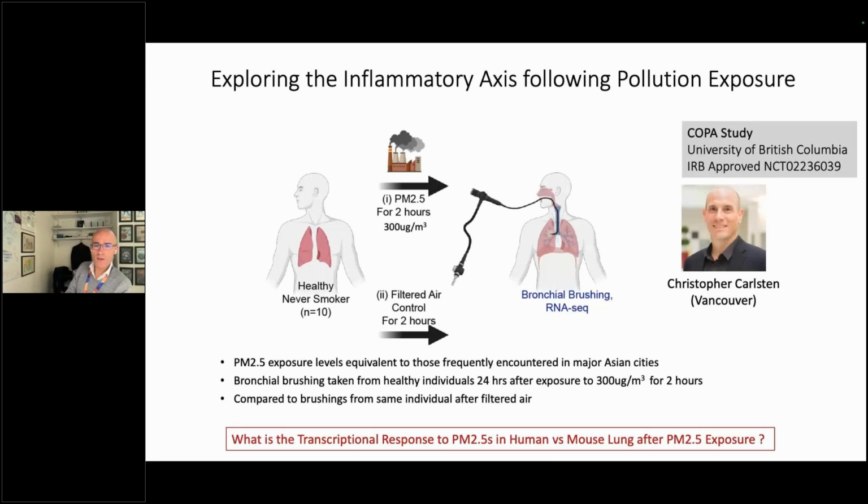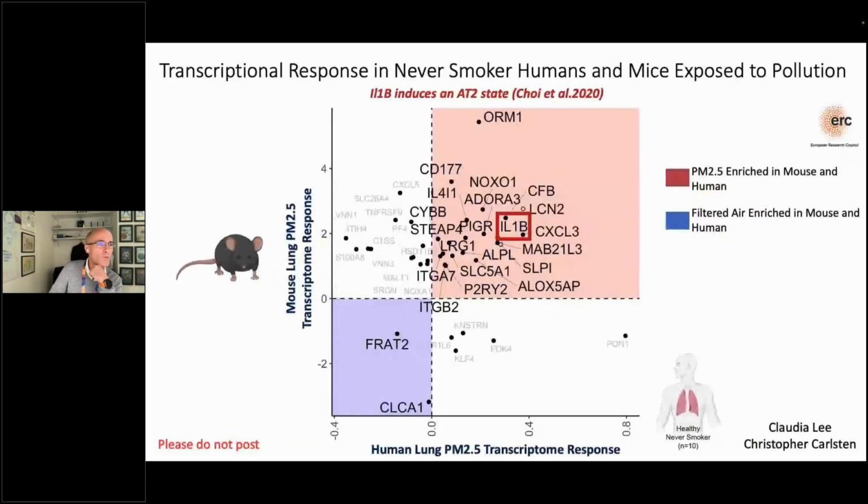Well, this is where we turn to a study called the Air Pollution Copper Study, run by Christopher Carlston in University of British Columbia, where he exposed normal human individuals to air pollution or room air to work out what genes are being expressed. And this enables us to look at the similarities between mouse and human to ask what genes overlap between mouse and human. And you'll remember me mentioning this important signaling molecule, interleukin-1 beta.